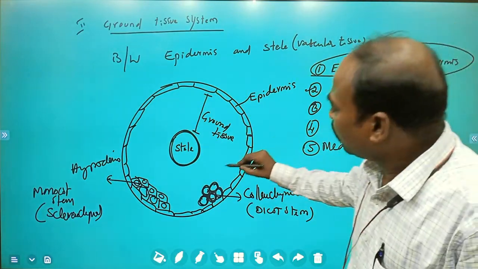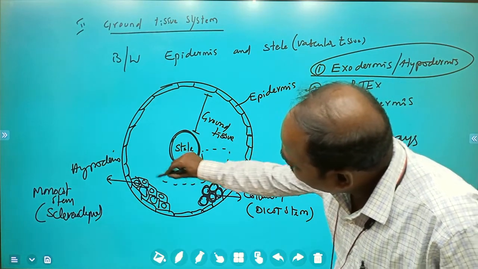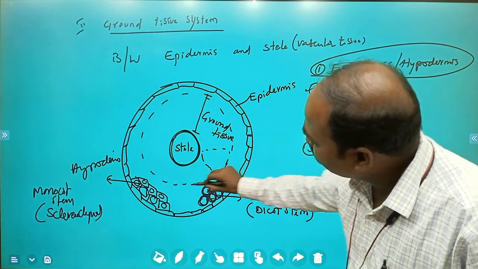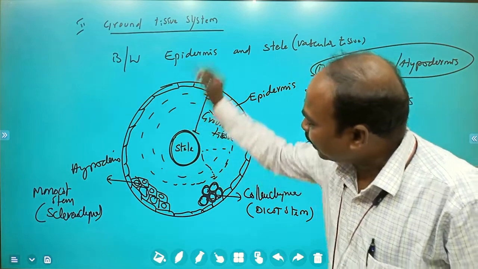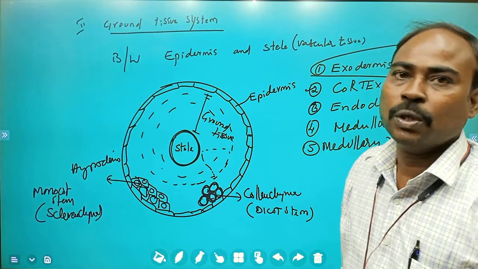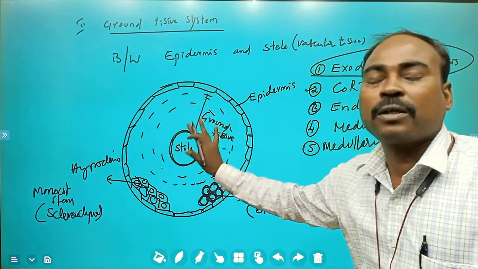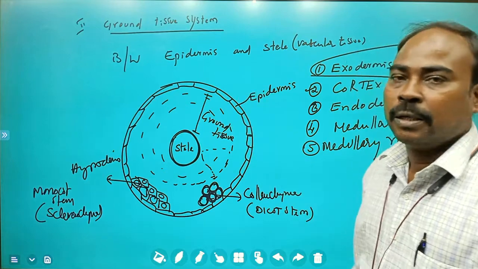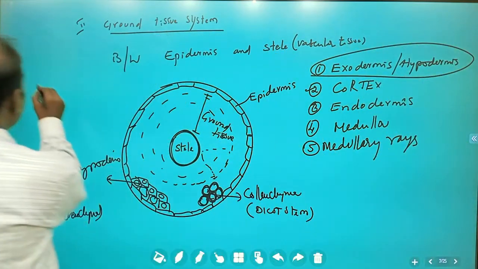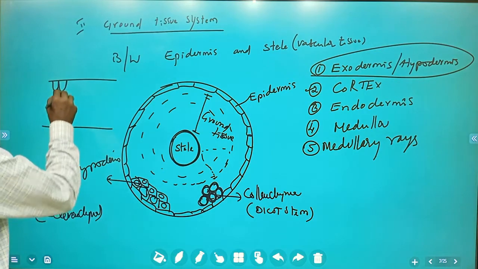Next, cortex. The middle portion of the stem or root is made up of cortex. This middle portion is totally made up of parenchyma tissue. Parenchyma, a fundamental tissue, fills the centralmost part of the root or stem, or in leaves the middle part is made up of mesophyll cells.